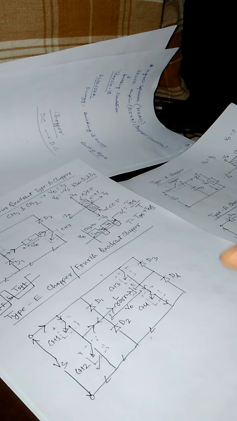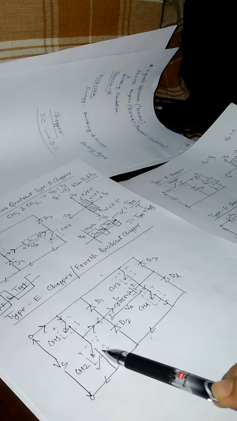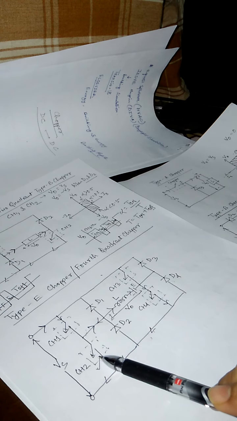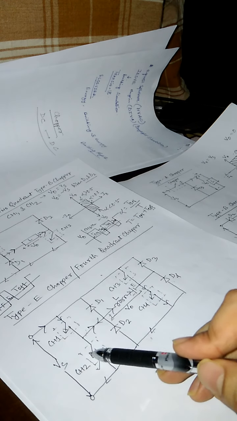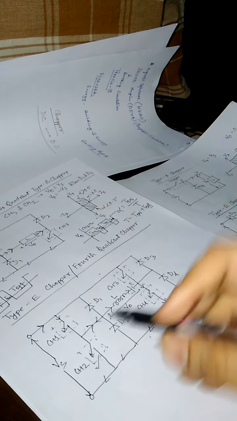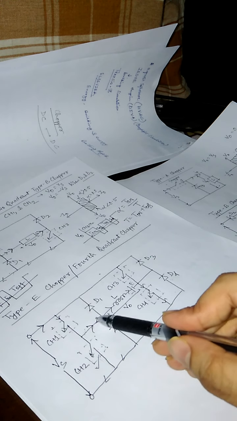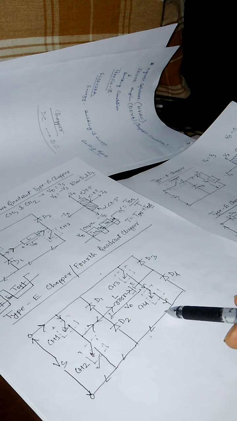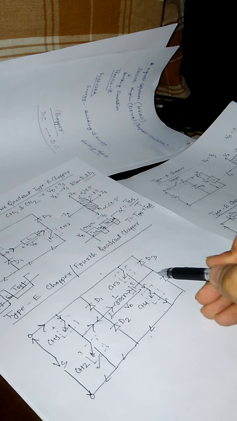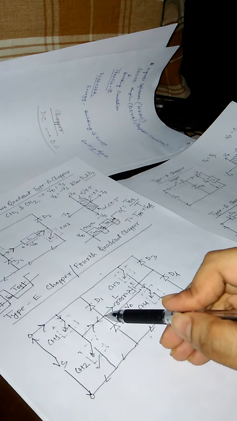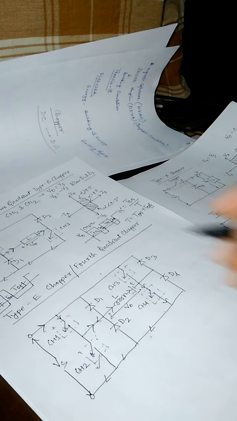Now when CH2, the chopper 2, is going to be in non-operating mode, then what will happen? See, this is now in non-conducting mode. That means the current cannot go through this part. So the current is going through D4, E, L, D1 to the source.